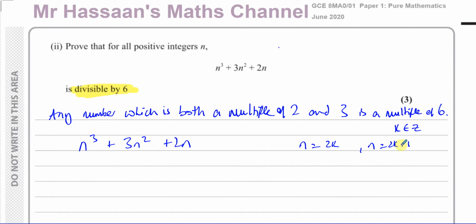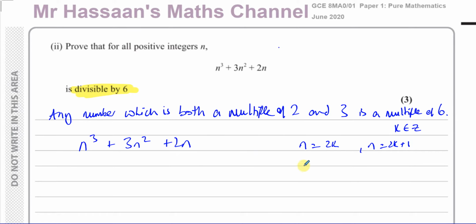When k is 1, that will be 2, that will be 3. When k is 2, that will be 4, that will be 5. When k is 3, that will be 6, that will be 7, and so on. So it will include all the numbers that exist, every single number. And if you can show that when you substitute these into that expression, you end up with something which is 2 times an integer, you've shown that this is always a multiple of 2.